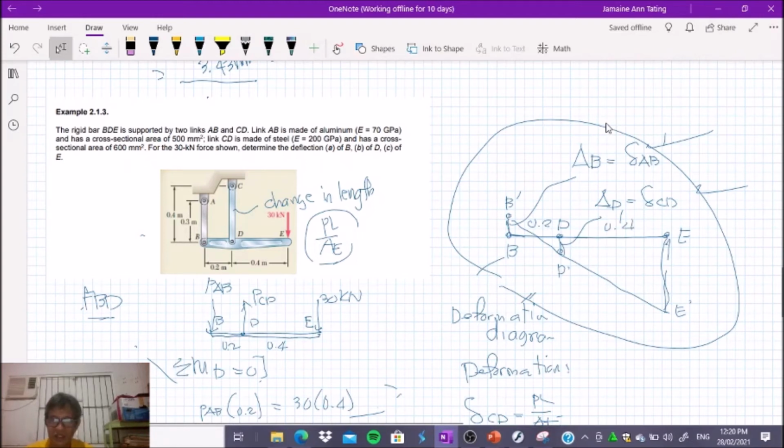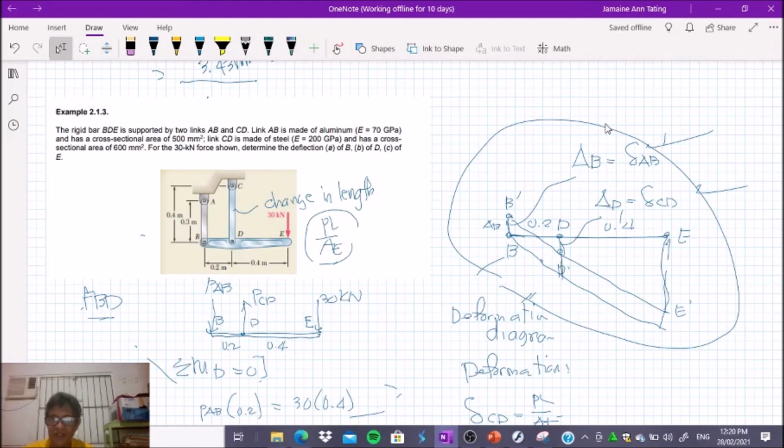Okay, so ang gawin yan, ito, gawin mo as delta B. Then ito naman is delta D. Itong point ito, kumbaga itong line, ibaba na lang natin dito. So, ang mangyayari, andito na yung line natin.